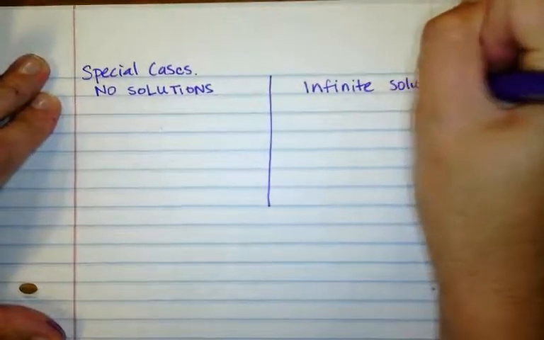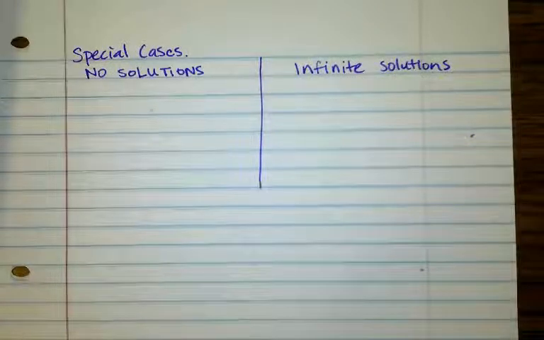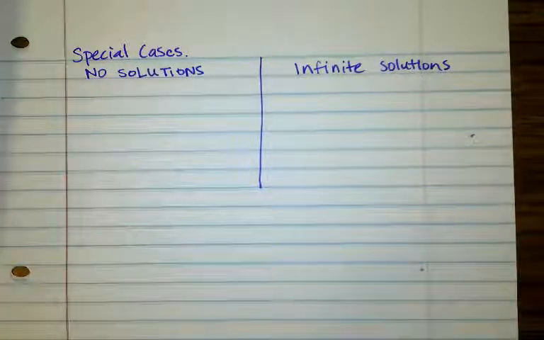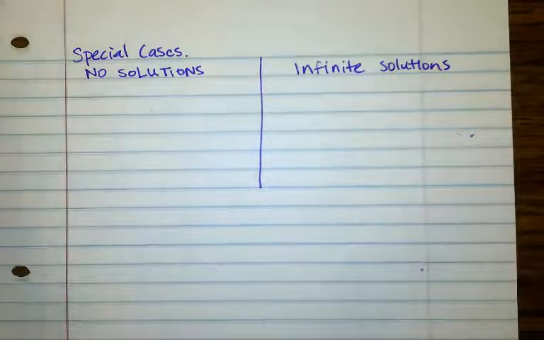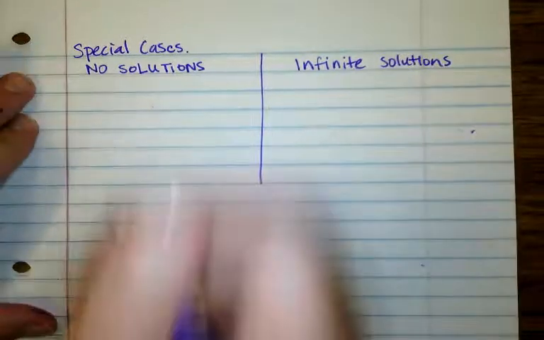These are special cases. Sometimes there's no solution, sometimes there are infinite solutions, and this happens when something funky happens with our variables.